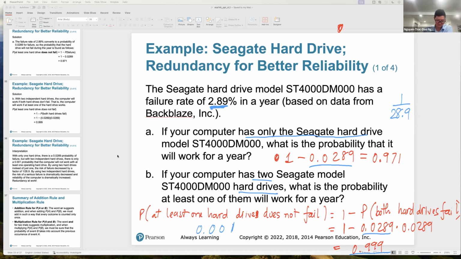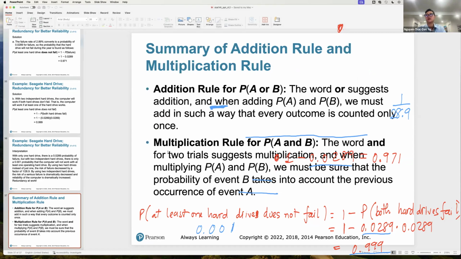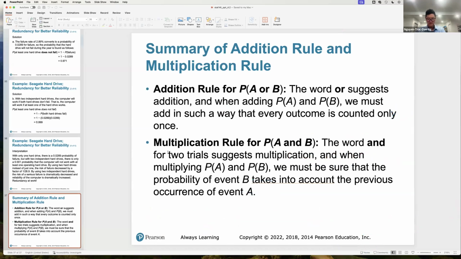That is an example for the Seagate hard drive. So we are good with this one, right? And then for the addition rule and multiplication rule, I gave a lot of examples. You can watch the previous video.